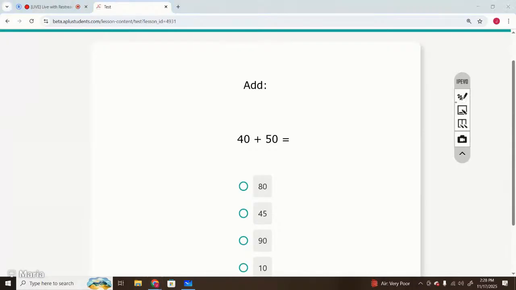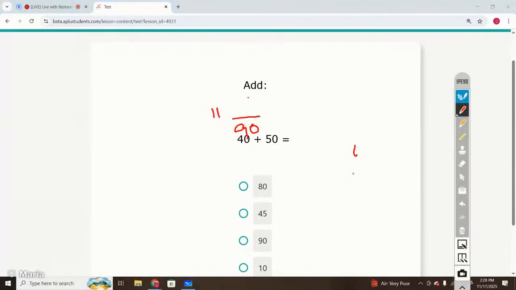40 plus 50. So let's just add 0 plus 0, which is 0. Now add 4 plus 5. So start with 4, count up to 5: 4, 5, 6, 7, 8, 9.